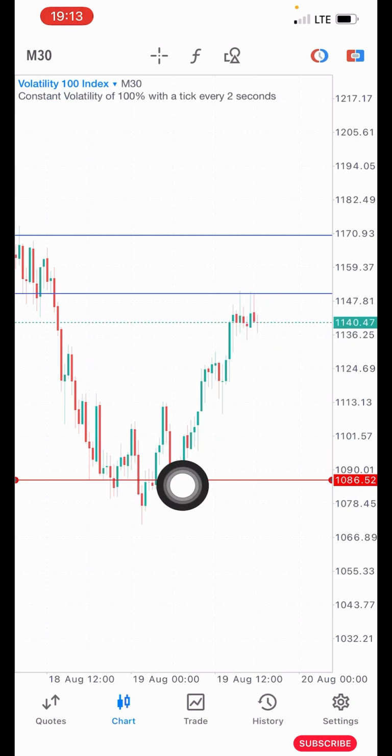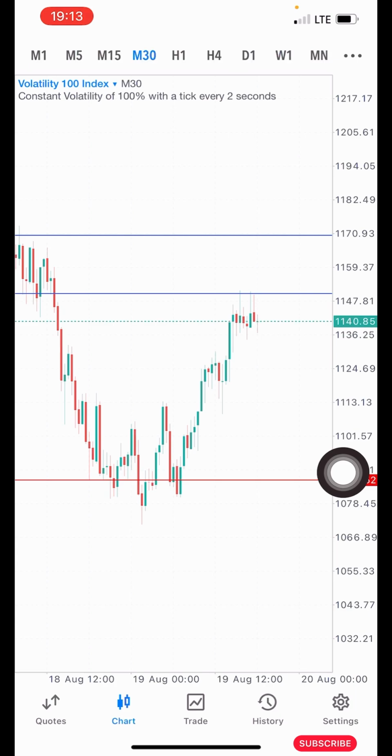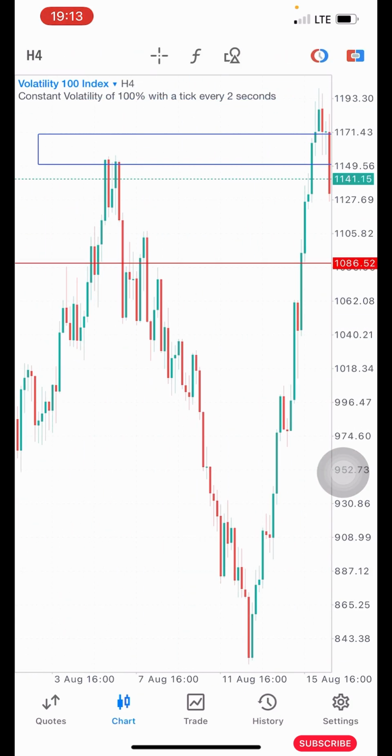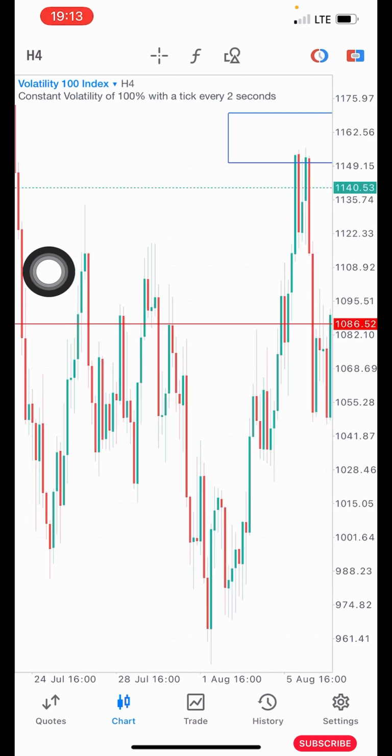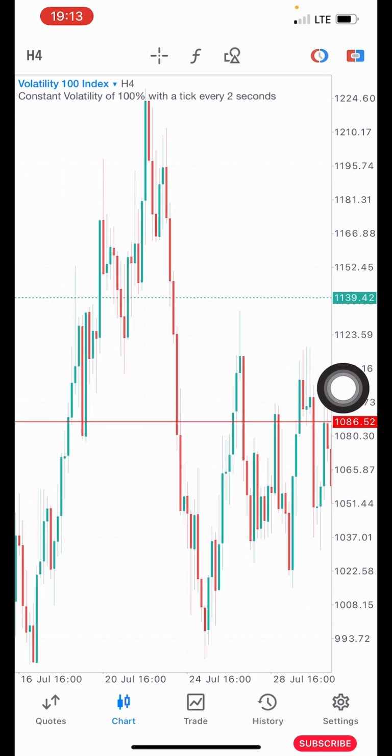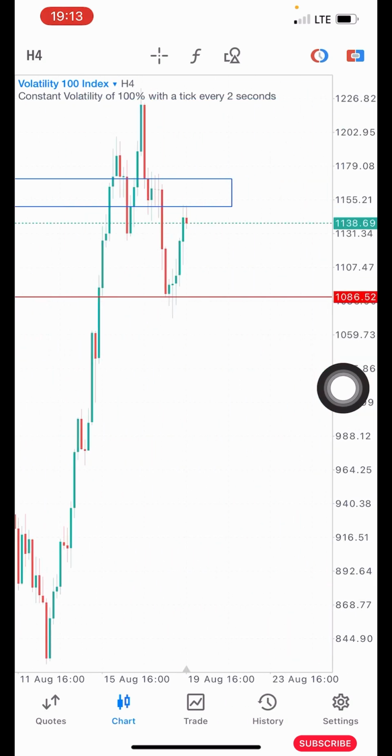You need to take note of this resistance, and of this support also. We are going to confirm if the support is a strong one before making use of it. As you can see, it is a strong support area. Price has rejected from this area before, and you can see rejections here due to that support area, so it's something we need to take note of.